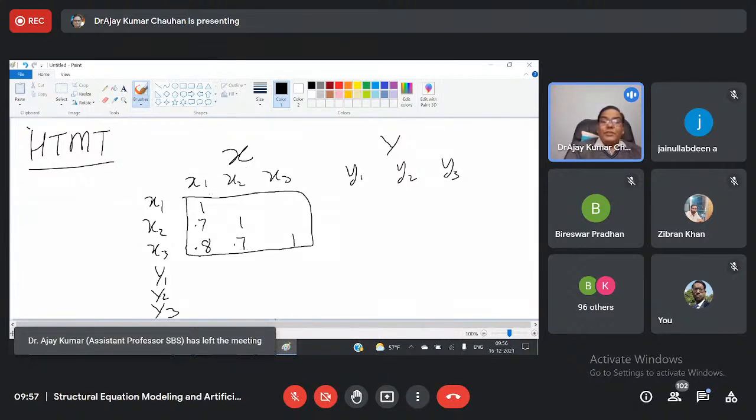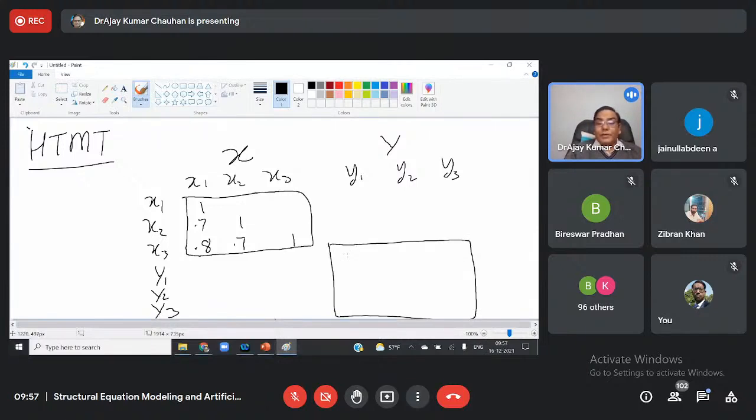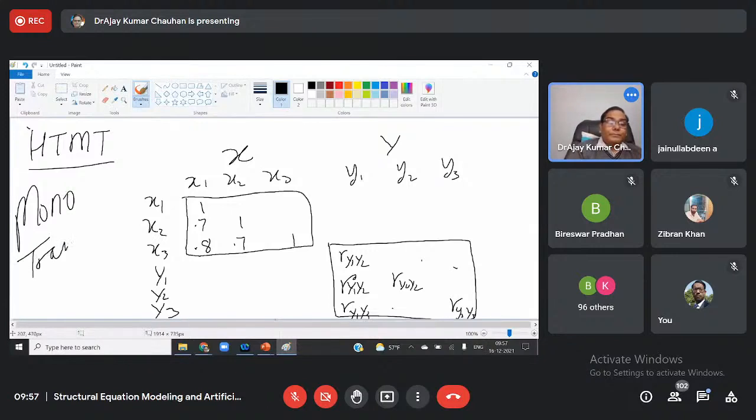So this is the correlation within the same construct. Similarly, this box is the correlation between Y1 and Y2, Y1 and Y3, and so on. These correlations are known as monotrait. MT means monotrait. Now this box is slightly different.